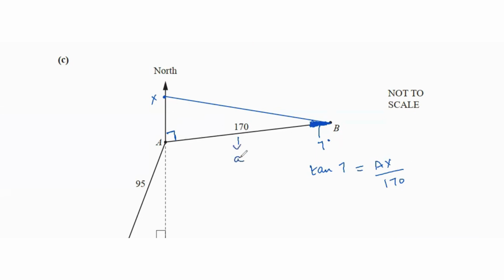So this is our opposite, and this is our adjacent. So tan 7 equals opposite over adjacent, which is AX over 170. So 170 times tan 7 is AX. And that's going to give us 20.87 meters.